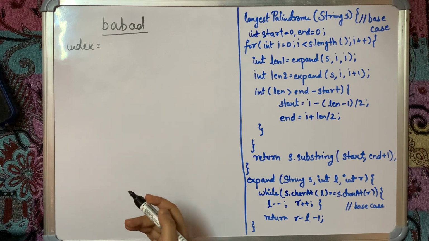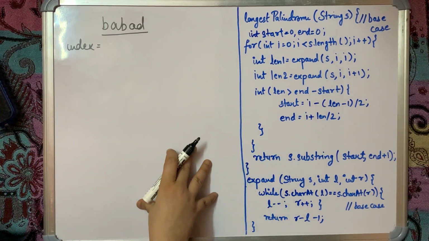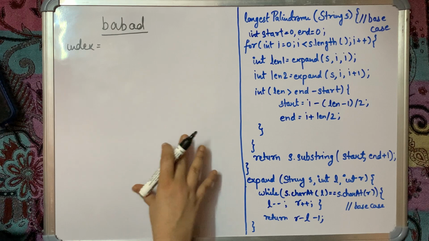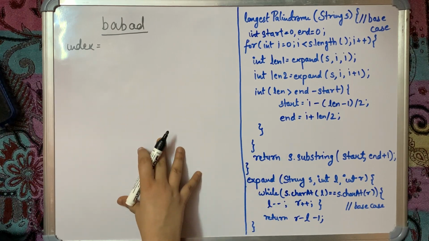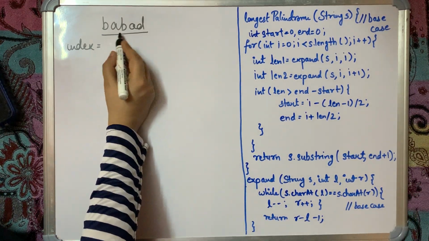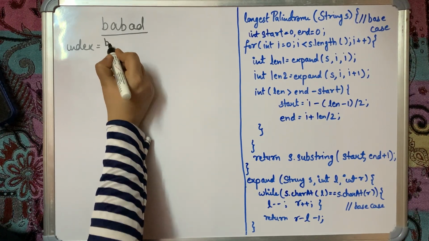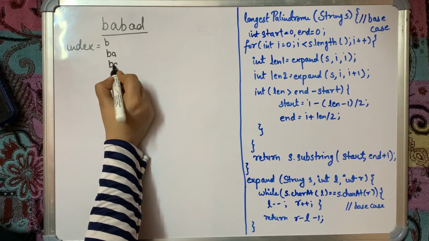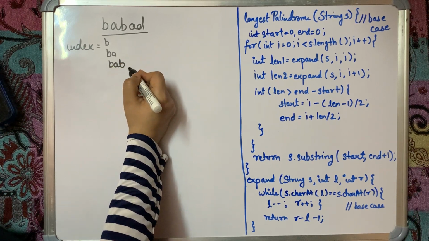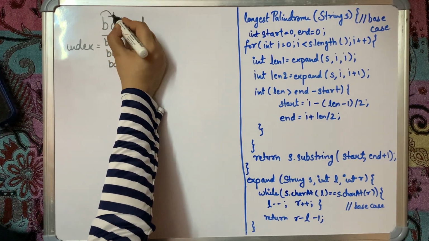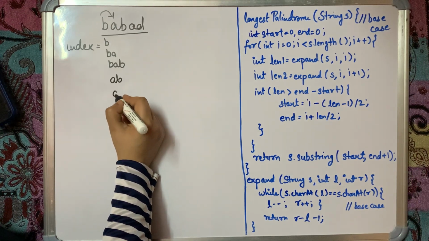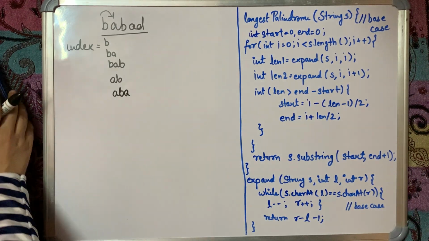For solving this problem, one very basic brute force approach is considering all possible substrings, like let's say B, then BA, then BAB, then checking whether each is a palindrome or not, then moving to another starting index, starting from A, AB, ABA, and checking whether it is a palindrome or not.